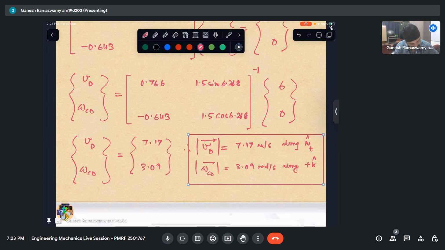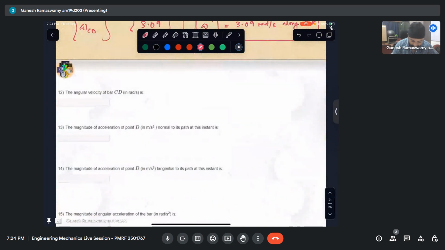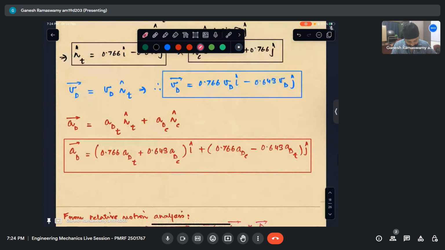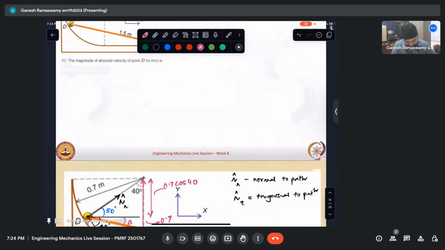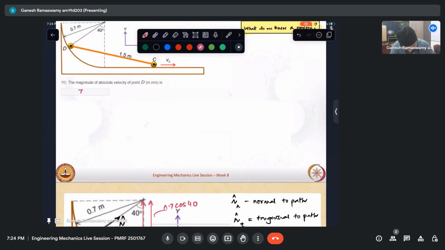So he had asked the angular velocity of the bar. So this is 3.09. Here we have been asked the absolute velocity. So this is 7.17 meters per second.